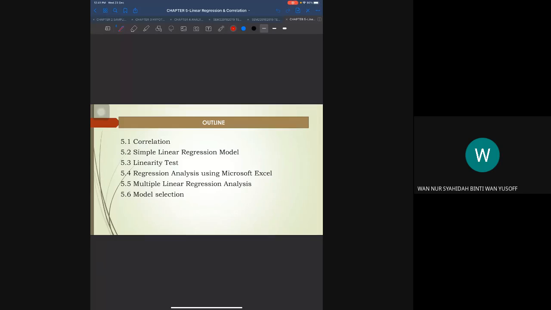We start with correlation, a simple numerical value that we can calculate to know the relationship between variables. Then we have the simple linear regression model.